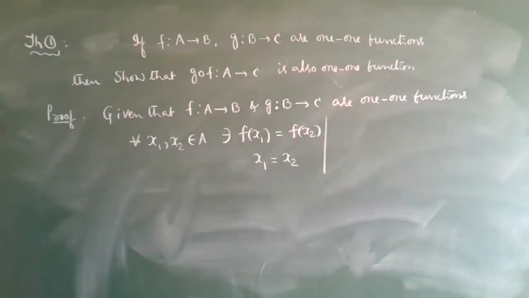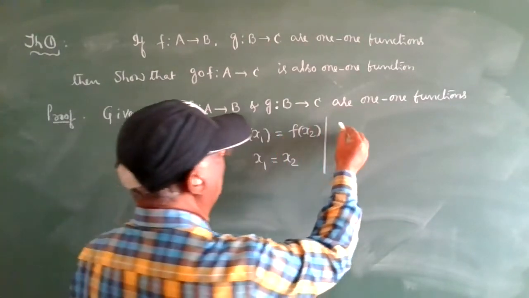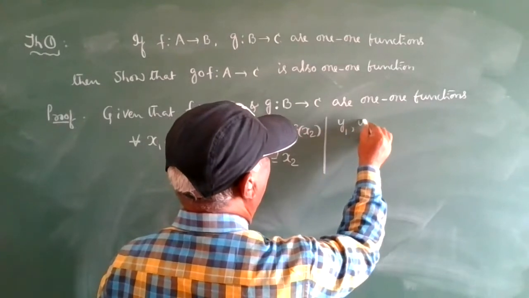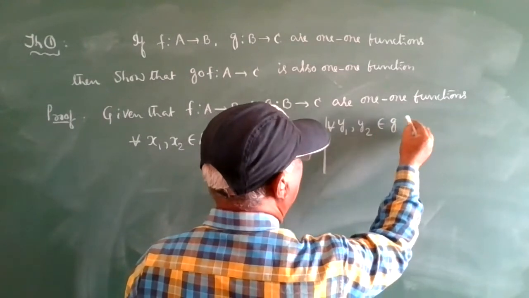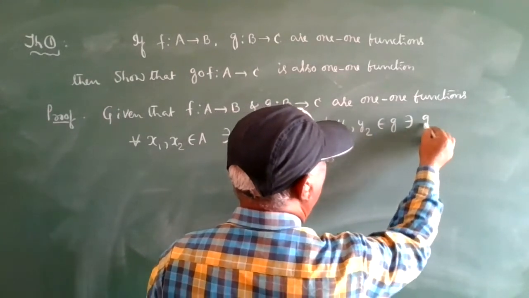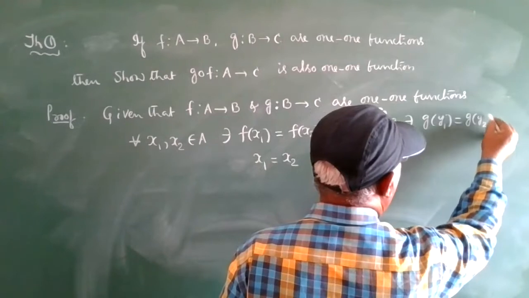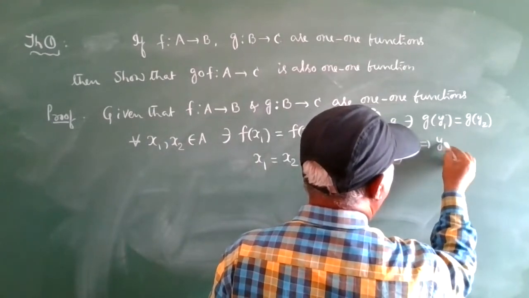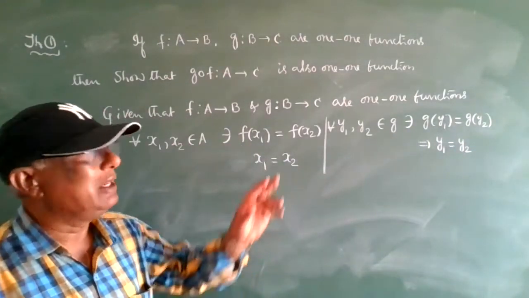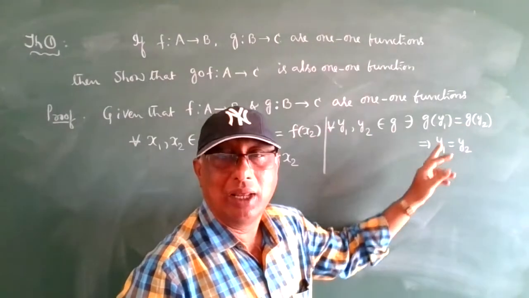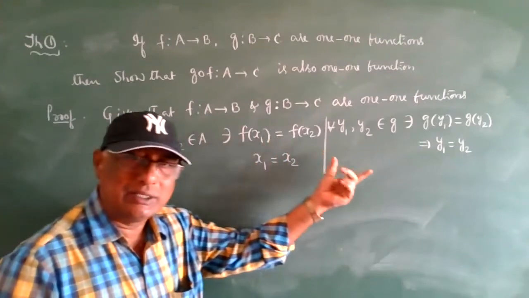Similarly for all y1 and y2 such that g of y1 is equal to g of y2, that implies y1 is equal to y2. Images are equal means elements are equal. That is the one-one function. f is one-one and g is one-one.